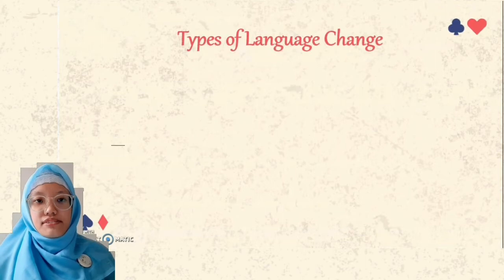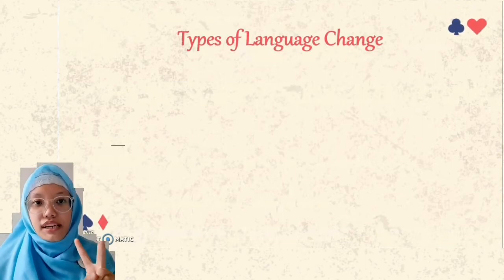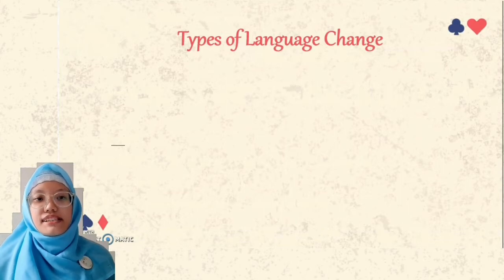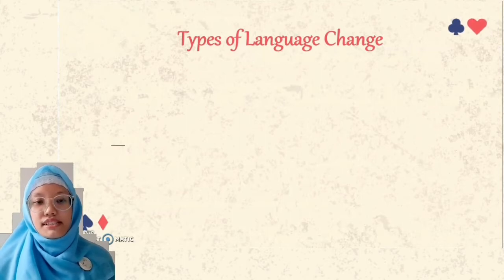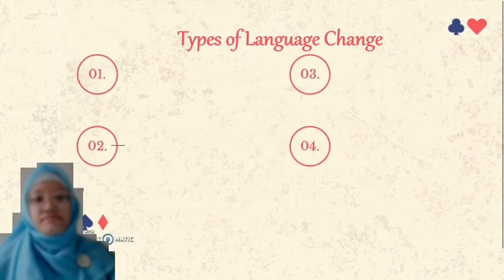Types of language change. Language change may be broadly divided into two categories: external change and internal change. External change is mainly caused by the addition of borrowings, whereas internal change is caused by the addition and loss of sounds and lexical items.